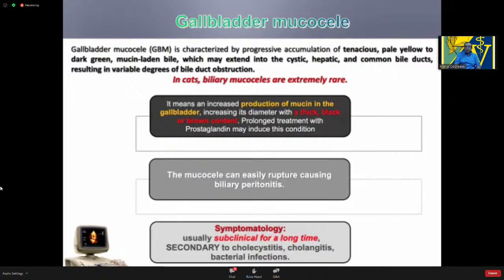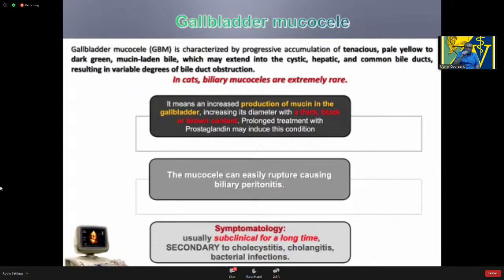But it's well known, and the literature explains to us, that prolonged treatment with prostaglandin may be responsible for this medical condition, in the case of reproductive females who get prolonged prostaglandin therapy.